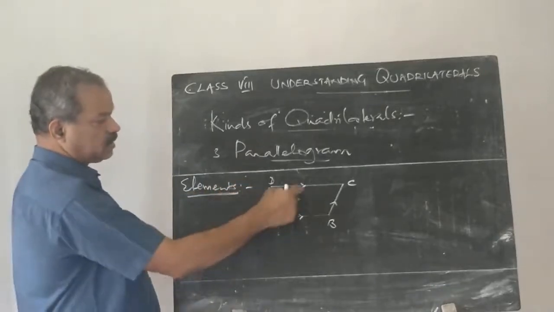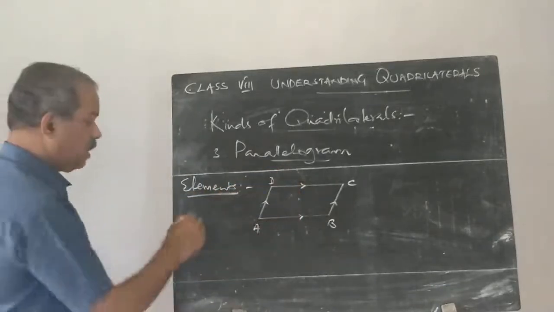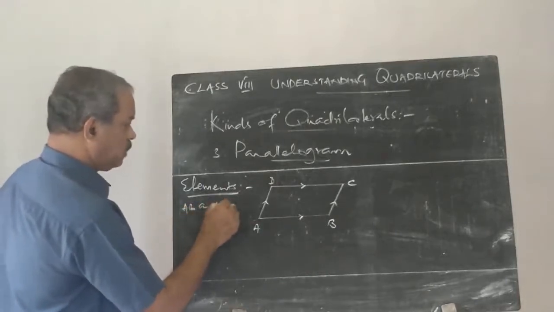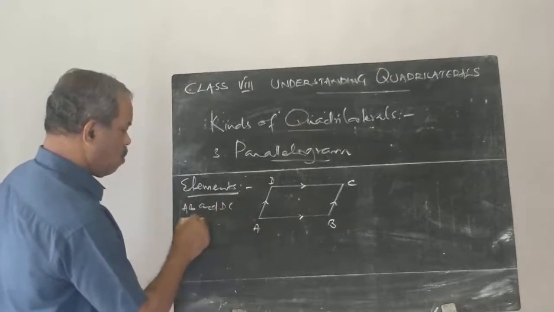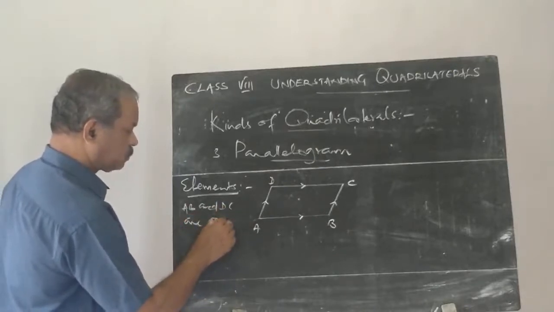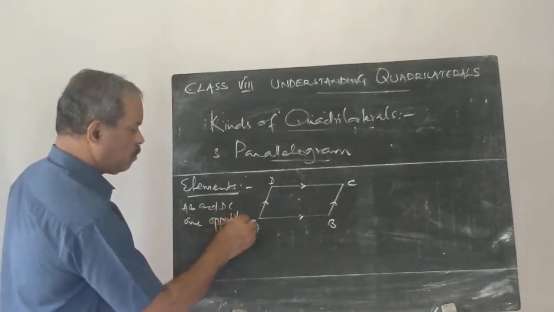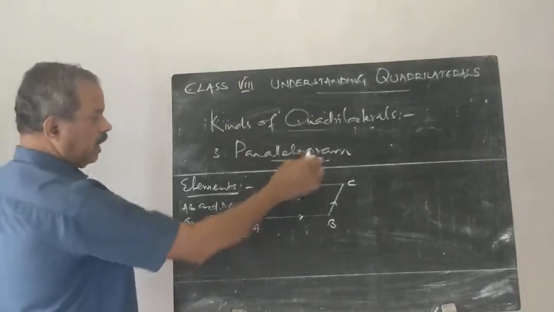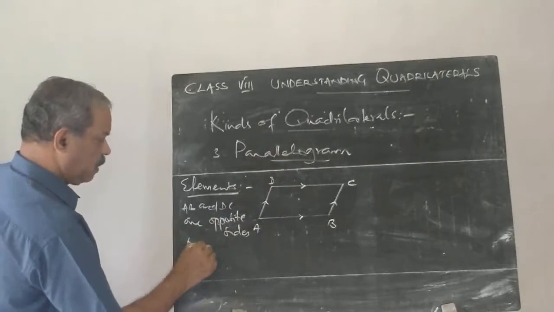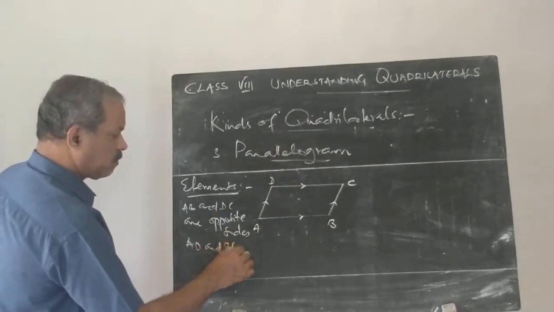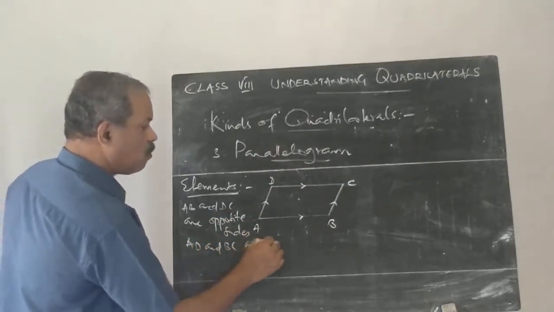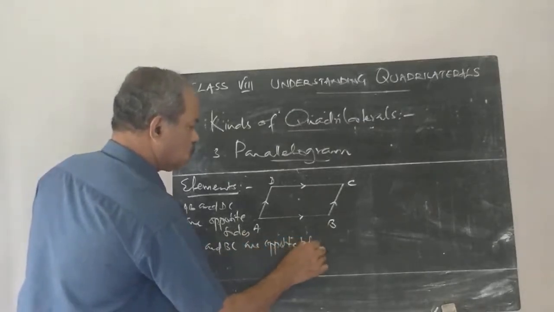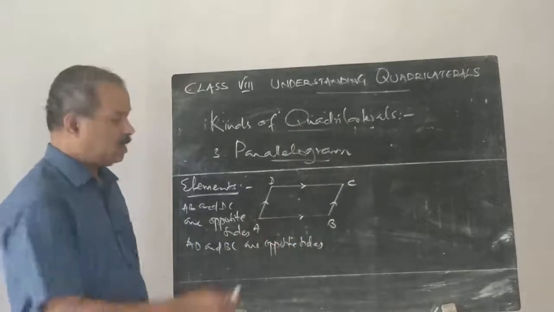One, these are the opposite sides. AB and CD or DC are opposite sides. What about AD and BC? AD and BC are also opposite sides. Opposite sides of the parallelogram ABCD.